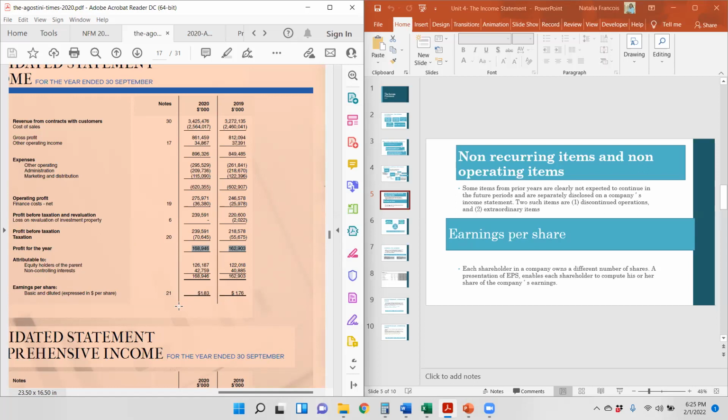If you're looking to buy a share in a company listed on the stock market for $200, and you look into the income statement and see $1.83, you may have to wonder if it's overvalued or undervalued.